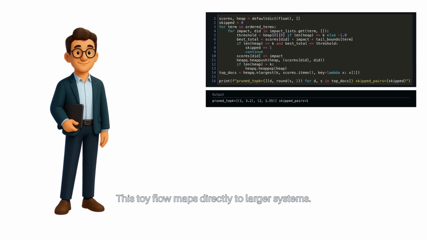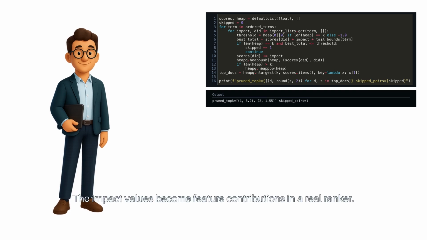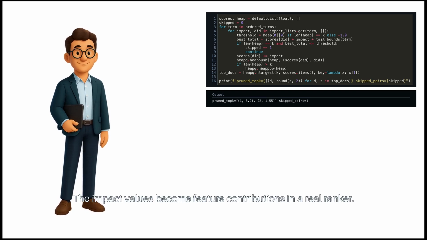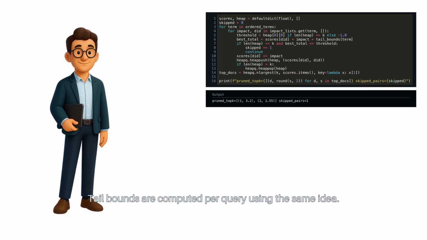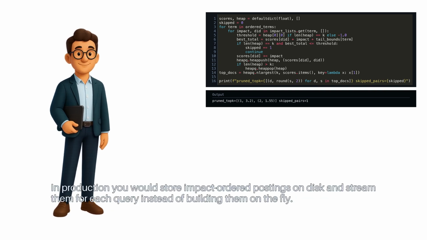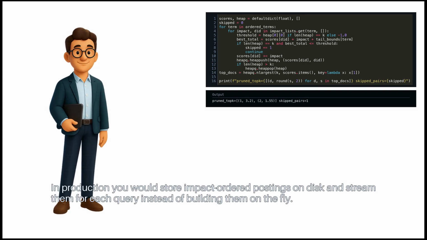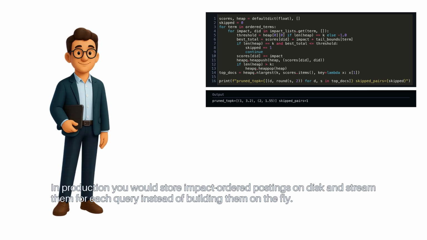This toy flow maps directly to larger systems. The impact values become feature contributions in a real ranker. Tail bounds are computed per query using the same idea. In production, you would store impact-ordered postings on disk and stream them for each query, instead of building them on the fly.